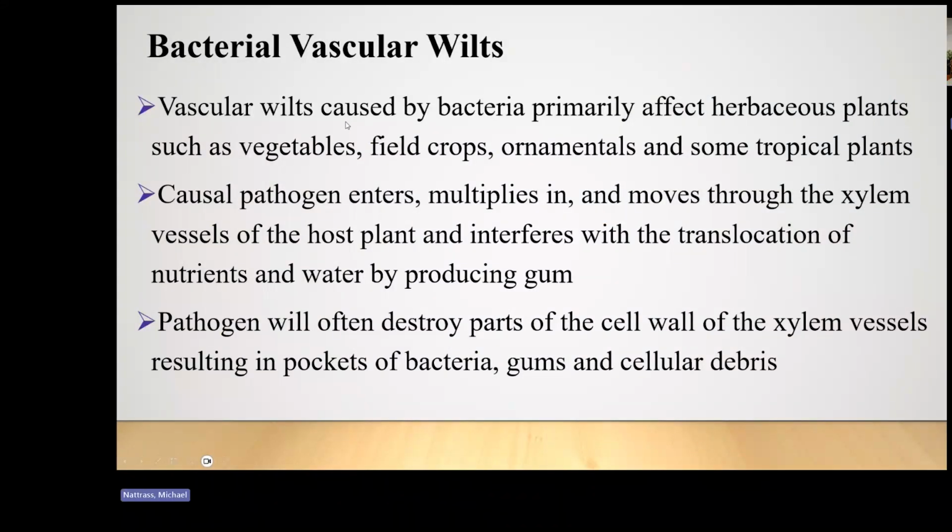Next, we have vascular wilts. And so this goes back to originally when we talked about that if you have this blockage of those vascular systems, the xylem and the phloem, then you can't get enough nutrients and water. If you don't get enough nutrients and water, you don't perform photosynthesis. No photosynthesis, no nutrients, no new plant growth.